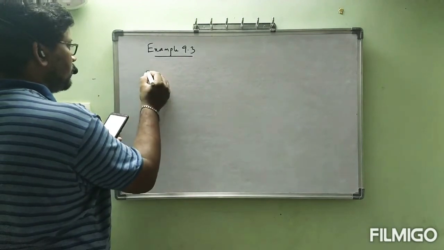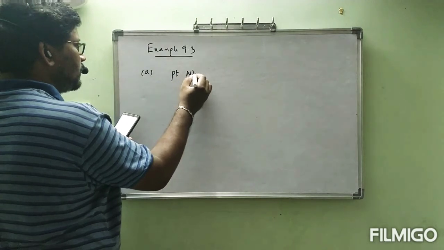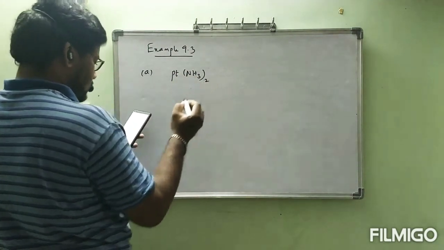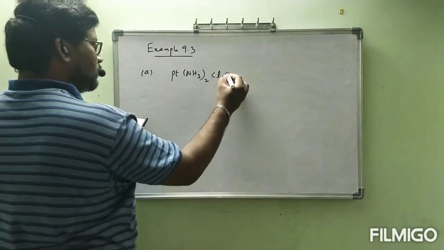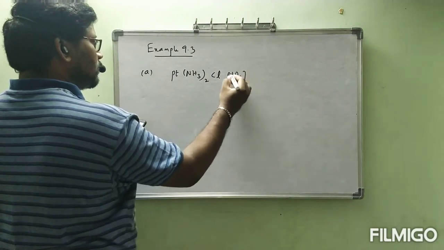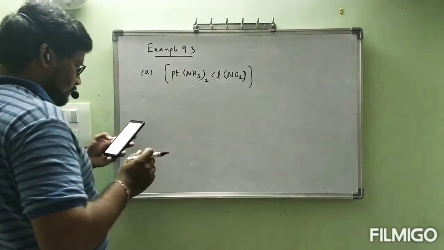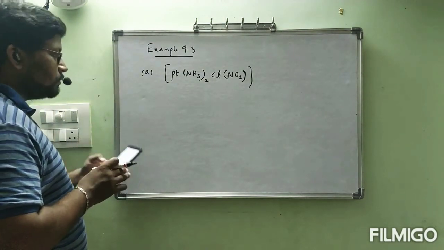A. They gave the formula Pt(NH3)2Cl(NO2). Pt NH3 twice, Cl, NO2.